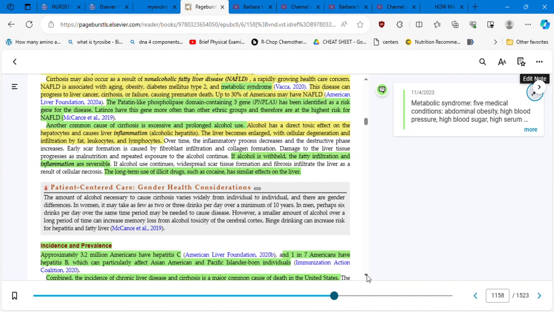The long-term use of illicit drugs such as cocaine has a similar effect on the liver. So if we withhold the alcohol, the fatty infiltration and inflammation are reversible.